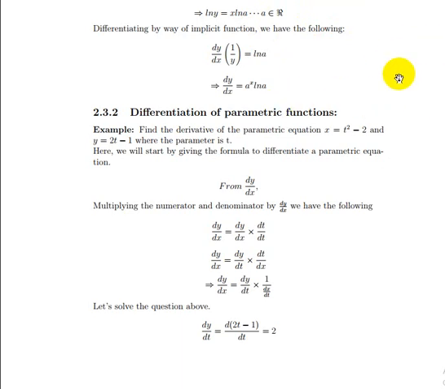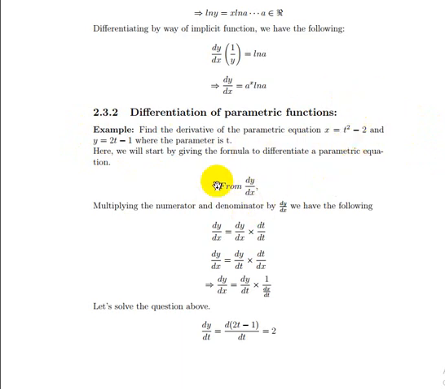So you see that the radius relates both the area and the volume. So the radius can be used as the parameter. In this case, I want to relate x and y by functions which both have a parameter t. So now how do I differentiate with respect to the parameter?